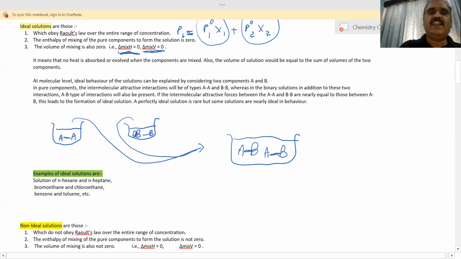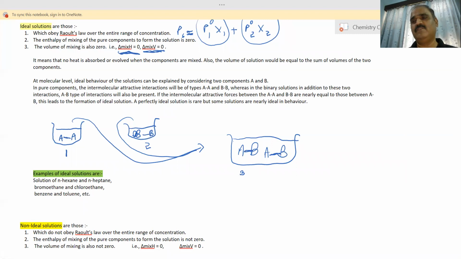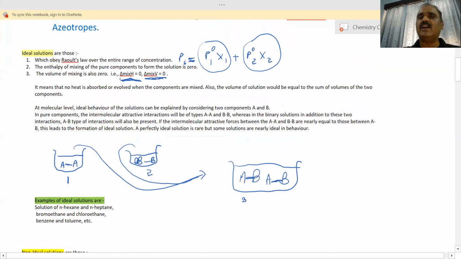So if AA interactions, we call it number 1, and BB interactions and AB interactions, all these interactions are of the same magnitude, then no heat will be evolved, no heat will be gained, and no change in volume will be there, and solution will obey Raoult's law at all concentrations.